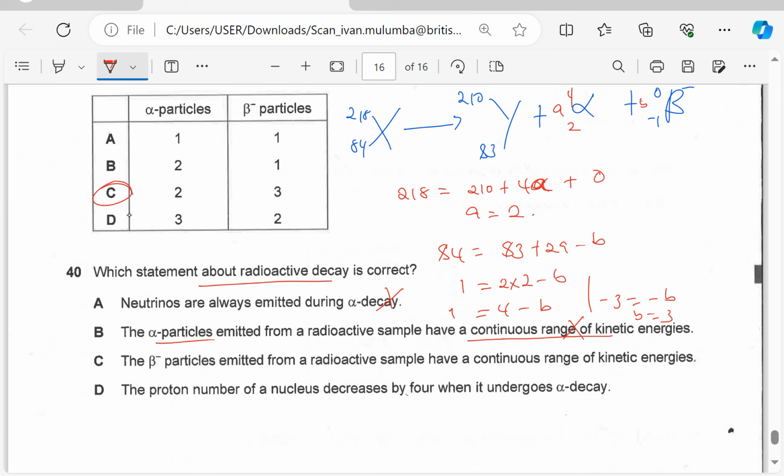This is only true for beta particles, not alpha particles. So the answer is going to be C. Beta particles are emitted with a continuous range of energies because they are accompanied by particles such as the neutrinos and antineutrinos.